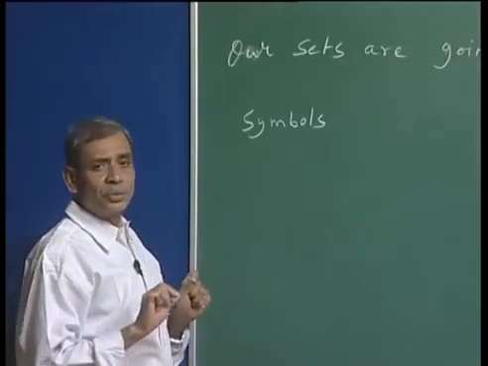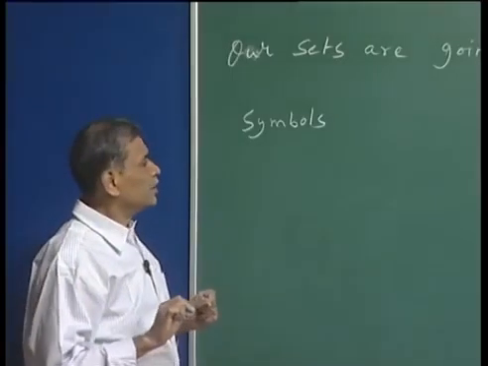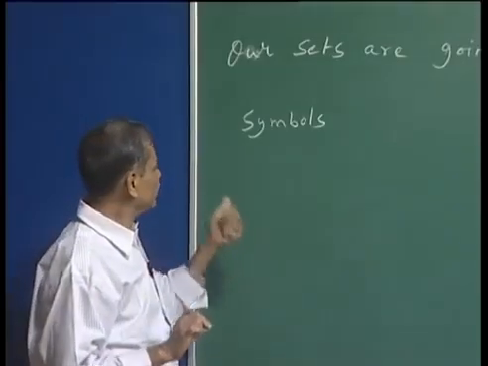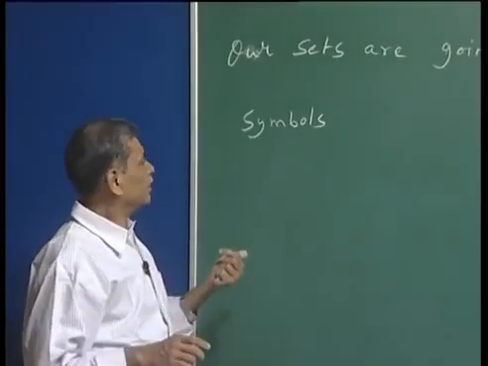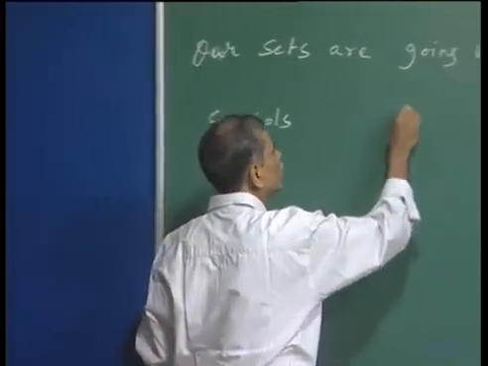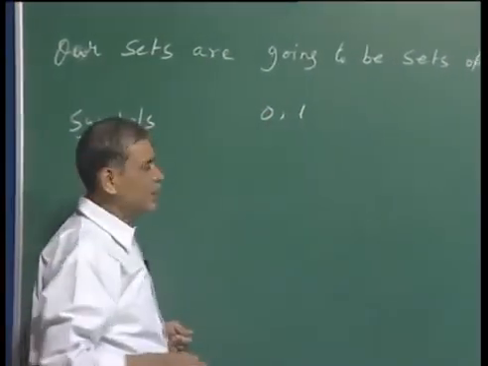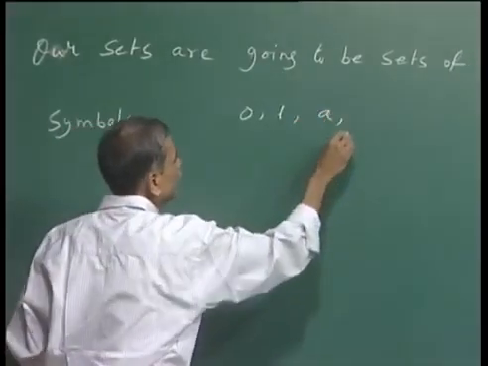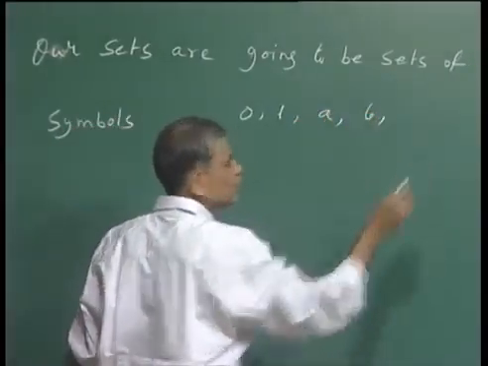We are not going to define it. The only thing we would like to say about symbols is that they are as you know them. For example, 0, 1, these are symbols. Similarly, A, B, these are symbols.